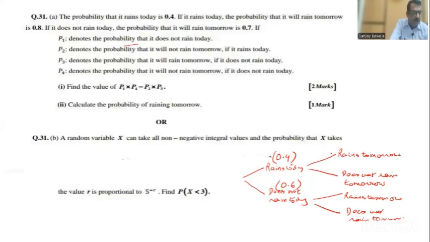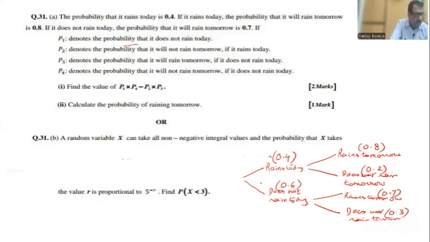If it rains today, it will rain tomorrow, probability is 0.8. So for does not, it will be 0.2. And if it doesn't rain today, it will rain tomorrow, probability is 0.7. And does not rain means 0.3.